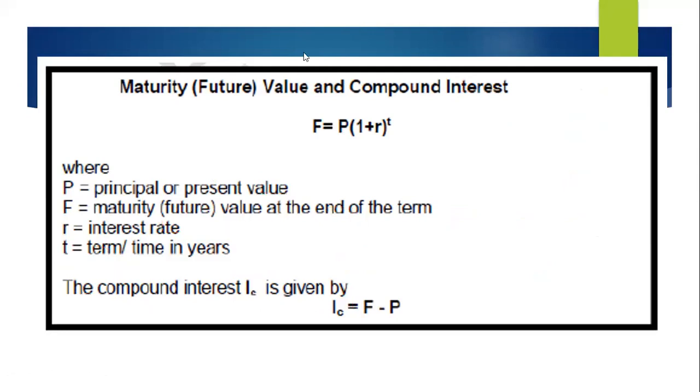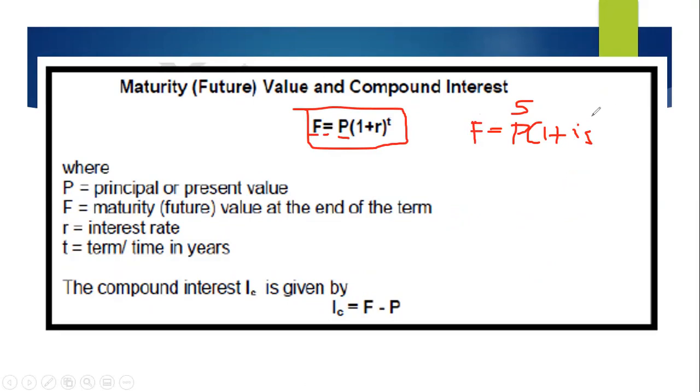Okay, so for the formula naman ng maturity value, ito po yun, F is equal to P times 1 plus R raised to T. So, exponent na ngayon yung ating T dito. So, sa simple interest, di ba, ang F or the future value is P multiplied to 1 plus RT.